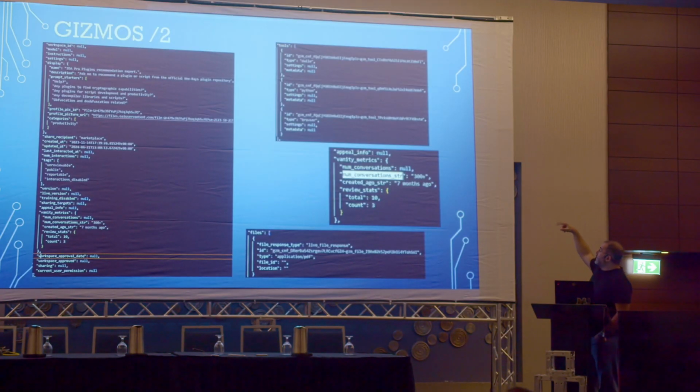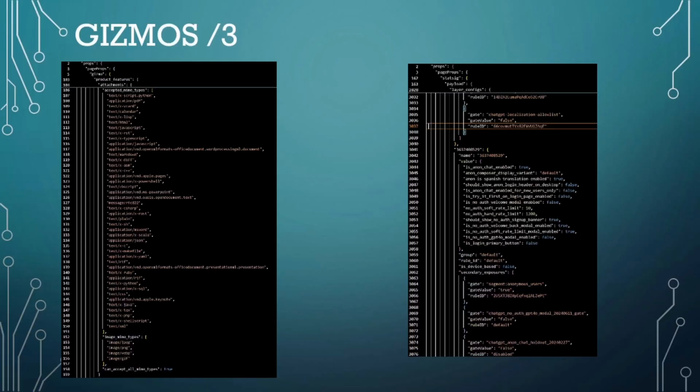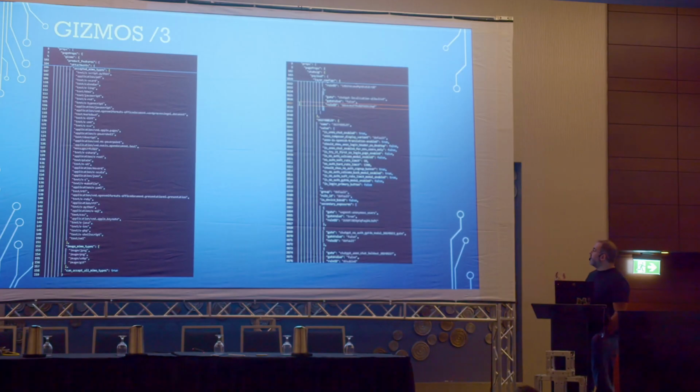We have the tools. If there are tools as well, like do we have DALL-E, Python, web browser, this is how I determine if Python is enabled, so I know how to leak the files. As well, there is so much information in the JSON file. I don't know exactly what they mean internally, but for example, there's so many control codes, like is anon chat enabled, is device based.